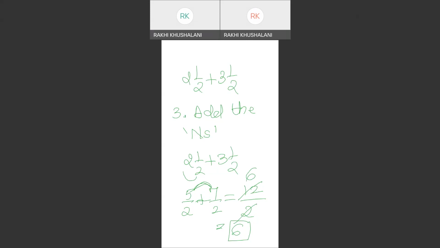Keep the denominators if they are same. Subtract the numerators. If it's in mixed fraction form, first convert it to improper fraction form, and then do the remaining 3 steps. Okay. So I hope this is clear with the addition and subtraction.